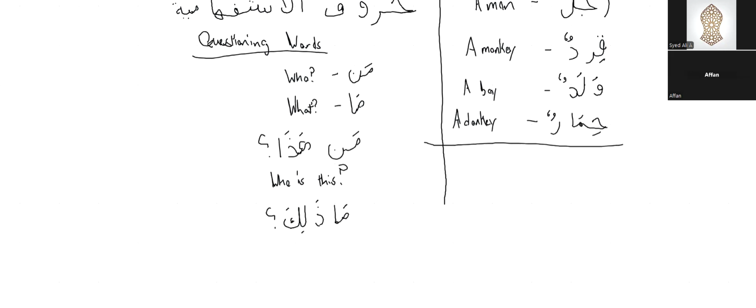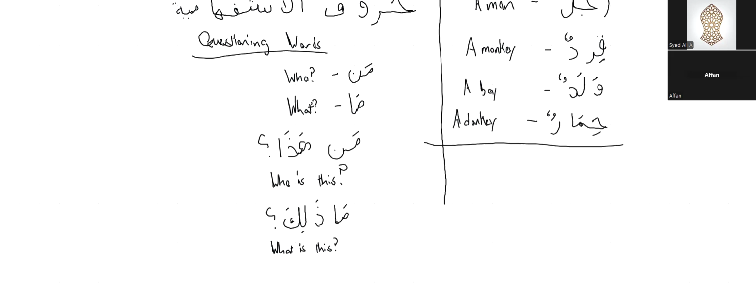So what is that? So what is this and who is this, right? Man hadha, who is this? Ma dhalika, what is that? This is how these two words would be used.